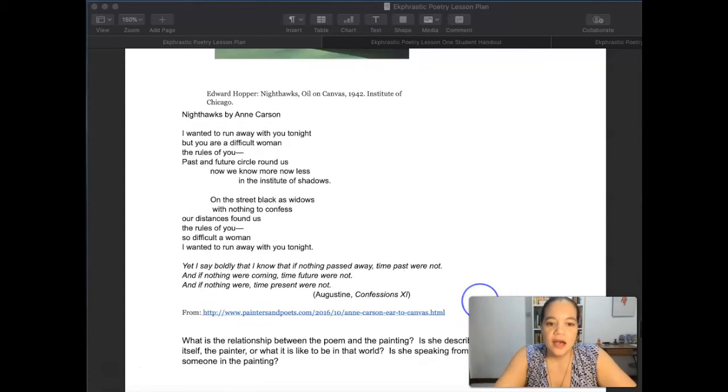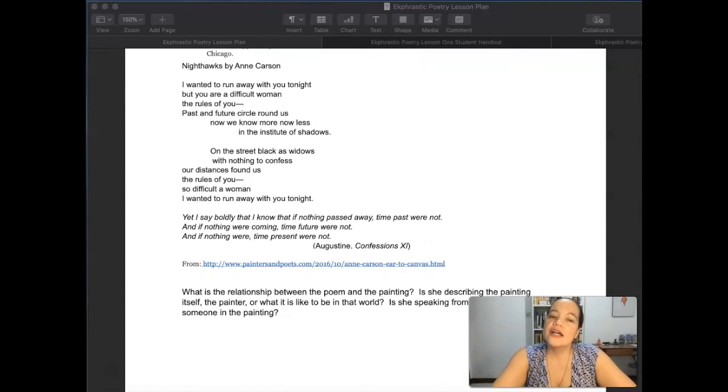Okay. So remember, talking to them about what the relationship is between the poem and the painting and who the poet is describing. Is the poet describing the painting itself, or are they taking the perspective of the painter, or are they taking the perspective of what it's like to be in the world that the painting provides?